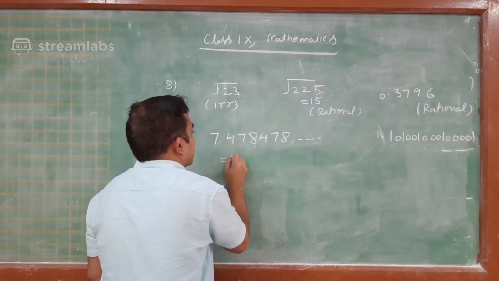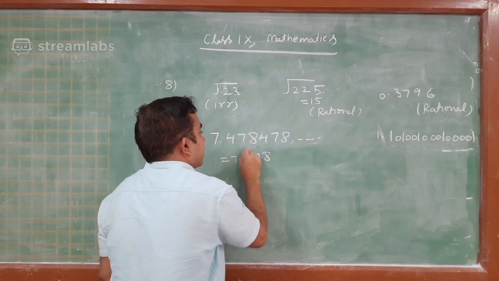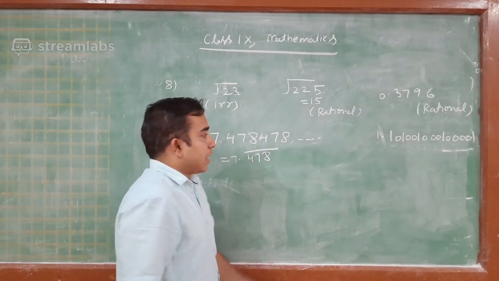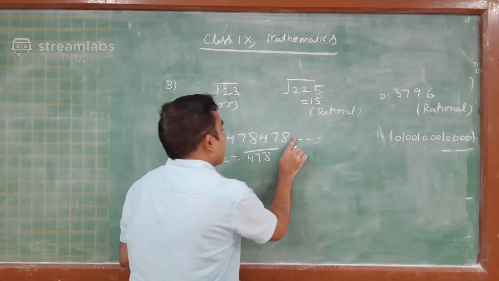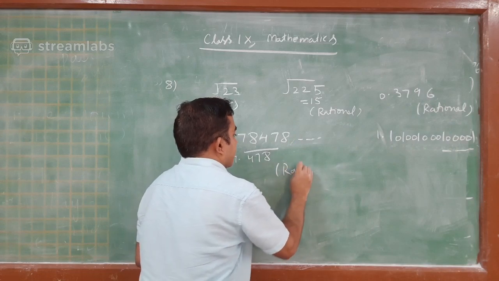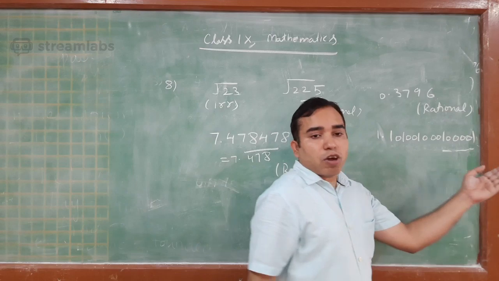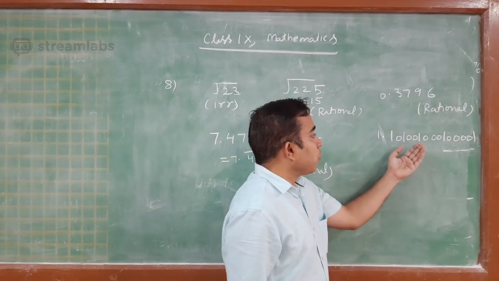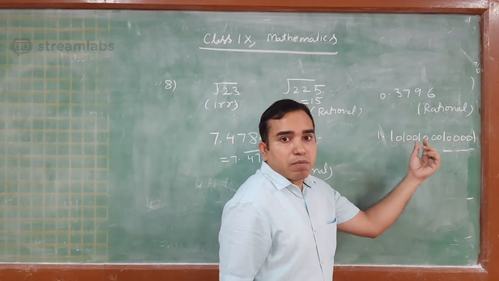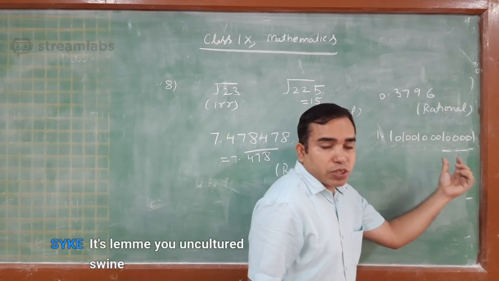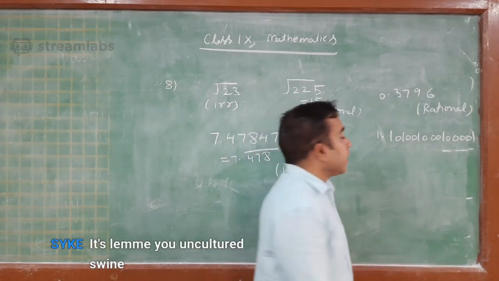This is nothing but 7.478 recurring decimal expansion, so this also is rational. Here it is non-terminating, and moreover no fixed set of digits is getting repeated. That's why it is an irrational number.